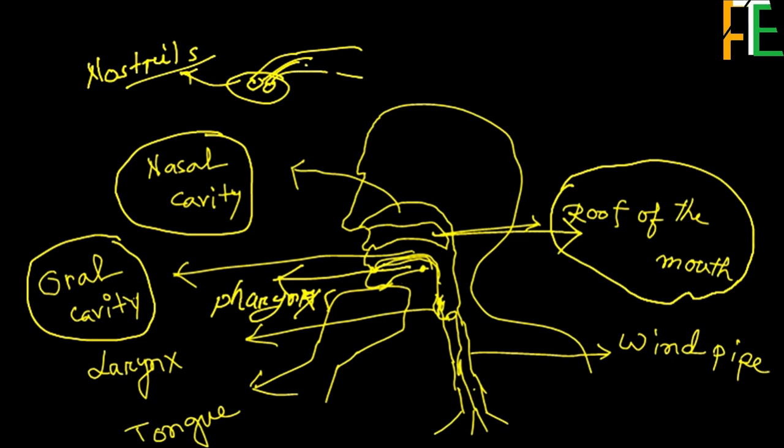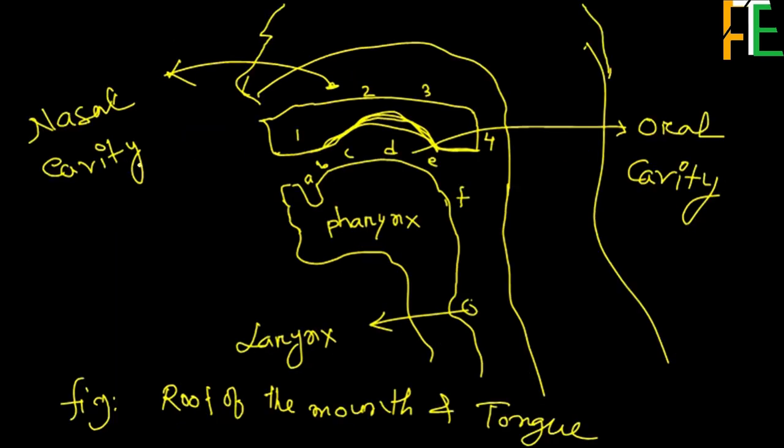The tongue, the teeth, and the roof of the mouth all have a great role in the production of speech sound. You can see the articulatory system in detail. The tongue is basically divided into 5 or 6 sections, and the roof of the mouth is also divided into 4 parts.